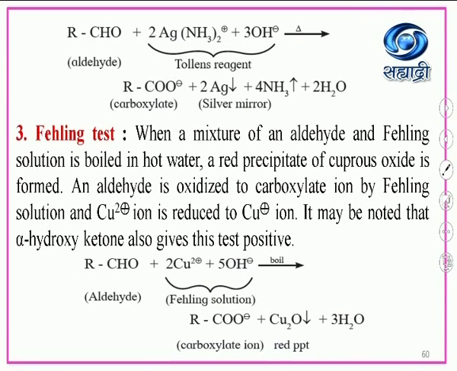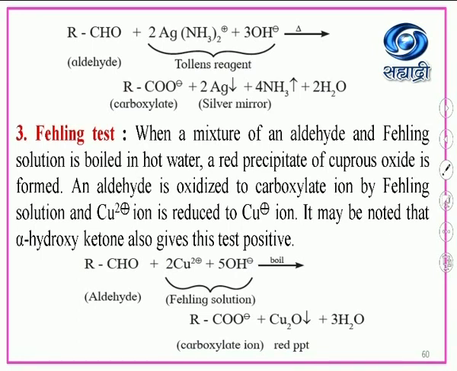When a mixture of an aldehyde and Fehling solution is boiled in hot water, a red precipitate of cuprous oxide is formed. An aldehyde is oxidized to the carboxylate ion by Fehling solution, and the copper 2+ ion is reduced to the copper+ ion.